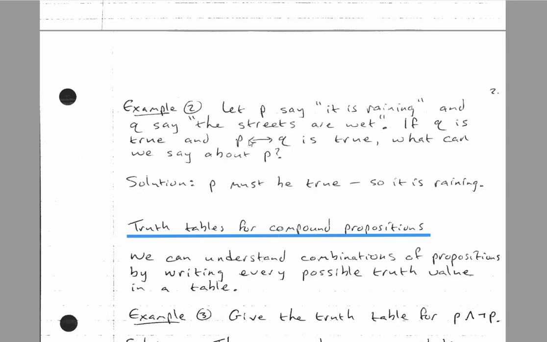Well, if this biconditional is true, that means they have to have the same truth values. So if Q is true, then P has to be true. So if the streets are wet, then yeah, it is raining.